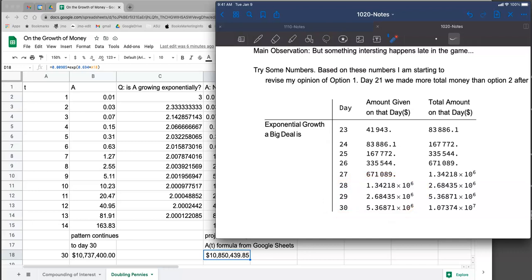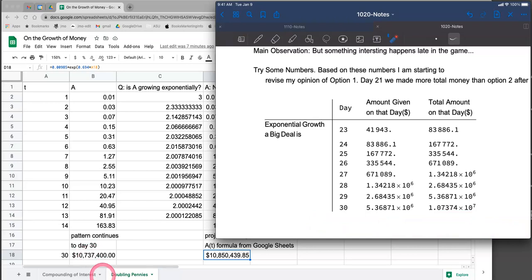By the end of 30 days, in this doubling pennies process, you will have $10,737,400. You definitely would want to take that option. This is better than $100,000 a day for 30 days, which would only give you $3 million. So the doubling pennies problem turned into around $10 million.